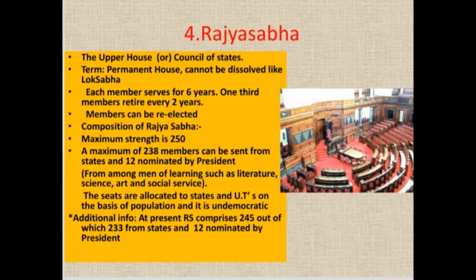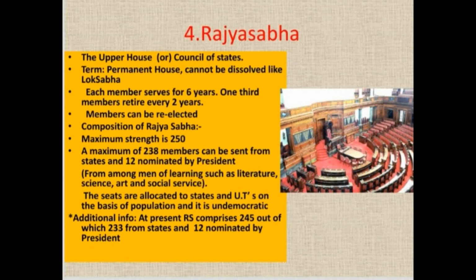For example, Uttar Pradesh, having the highest population, can send a maximum of 31 members, whereas the smallest populated states like Manipur, Meghalaya and Mizoram can send only one each from their respective states, and union territories also can send very few members. Hence the Rajya Sabha has an indirect election, and the process of sending members is undemocratic, as it is based on population. That means each state will be represented based on its population.